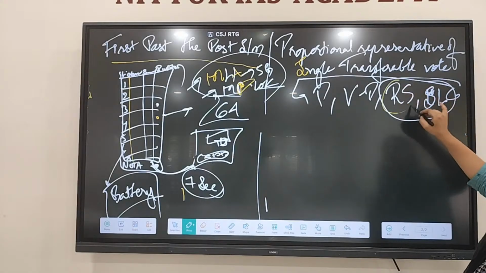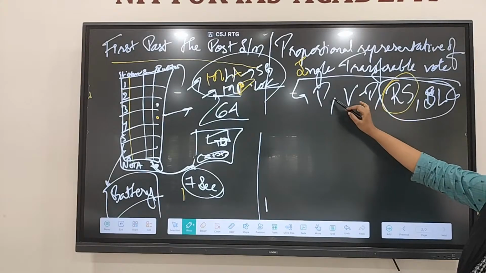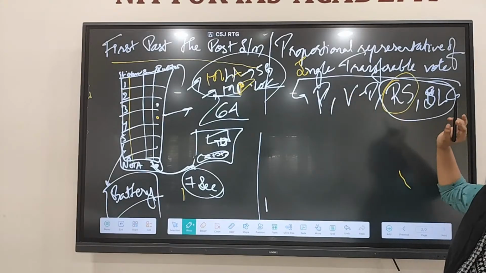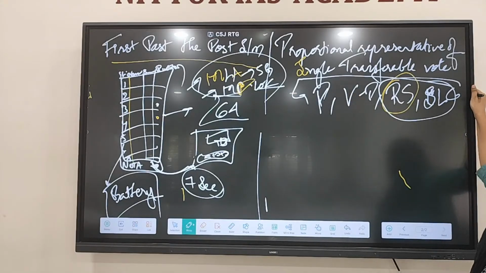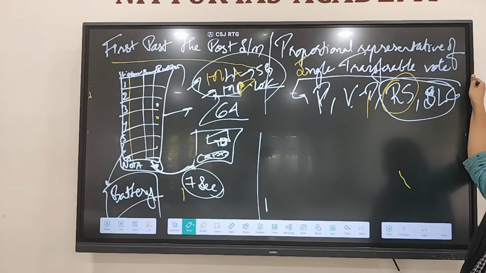Who are the voters for Rajya Sabha? MLAs. Voters for president are MPs of Lok Sabha, Rajya Sabha along with MLAs. For vice president, it is MPs of Lok Sabha and Rajya Sabha. That's it.